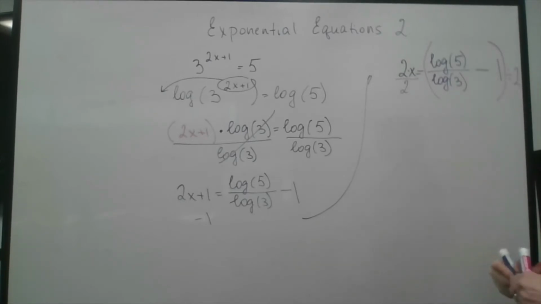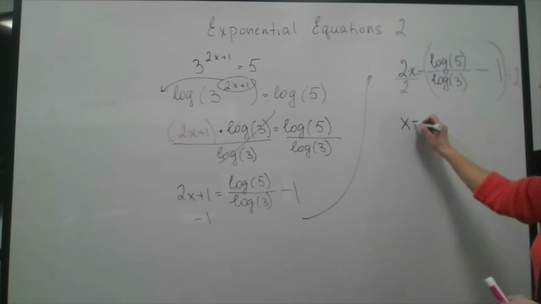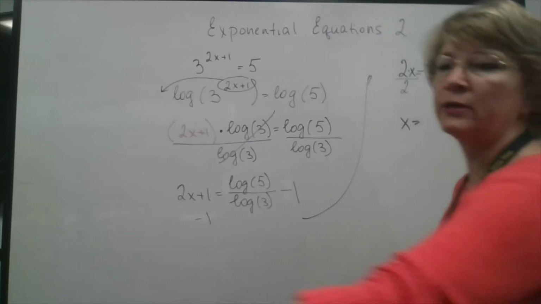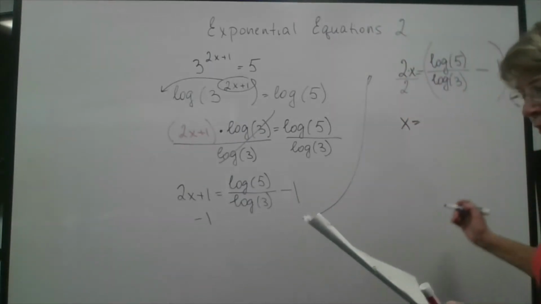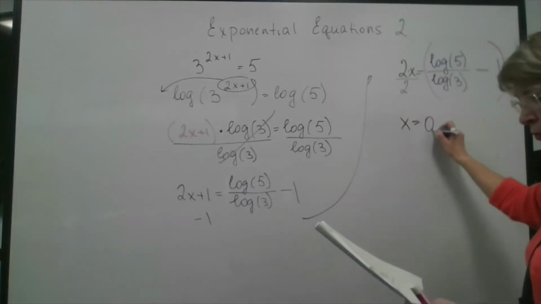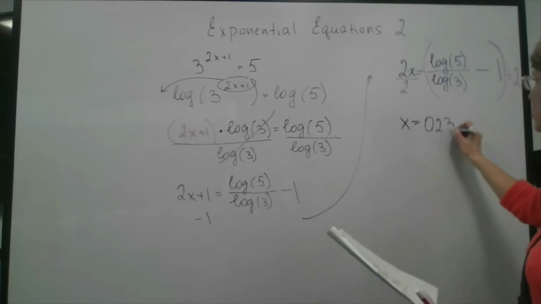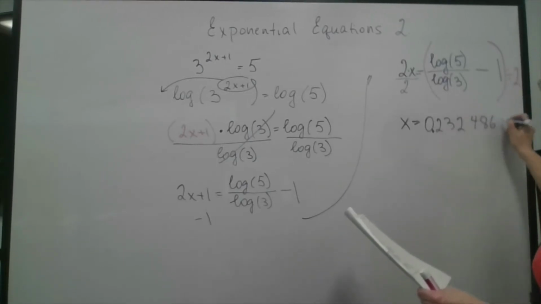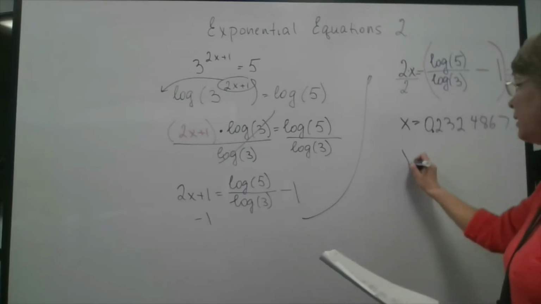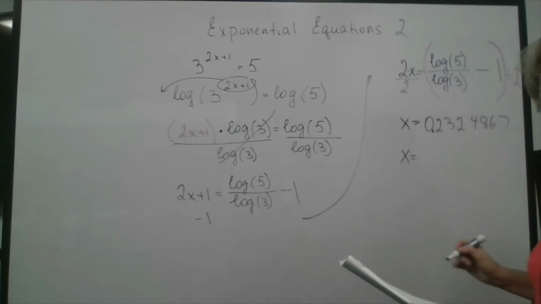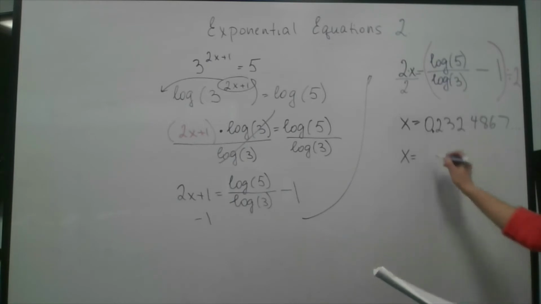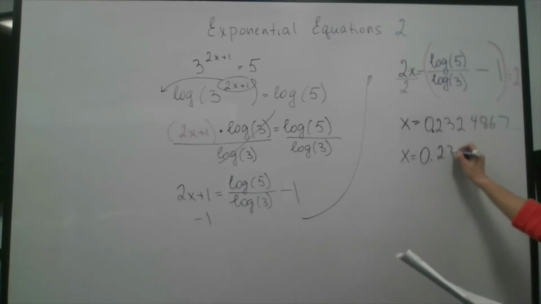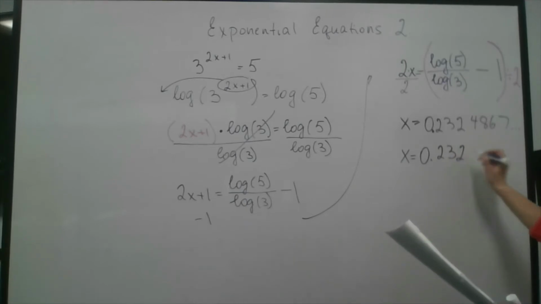So your x will be, now you will type this carefully on your calculator, and the answer will be 0.2324867 and so on, and I ask you to round your answer to 3 decimal places. So it will be 0.232.